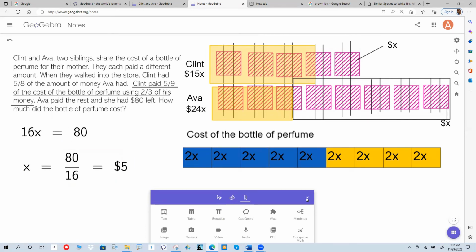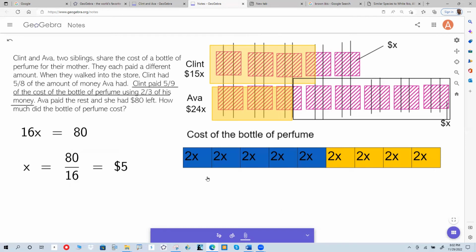If X represents $5, this cost of the bottle is really 18X, 2X plus 2X plus 2X, if you count all the X's. So there are 9 boxes, and each box is worth 2X dollars. 9 times 2 is 18. So the entire cost of the bottle must be 18 times 5.